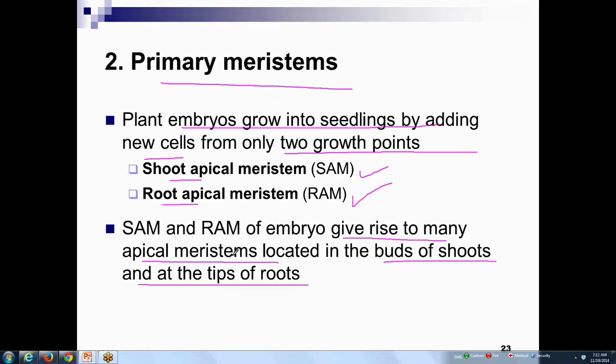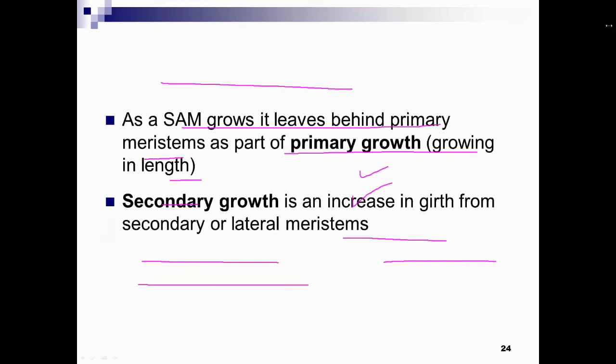And then down in all the branches of the roots, you'll find lots of root apical meristems. So this multiplies, and this allows a tree to get really big in both the root and the shoot system. Don't forget that the root system can be just as big as the shoot system. So when you look at a tree and you're seeing the trunk on up, there's almost just as much mass from the trunk down below to the tips of the roots deep within that soil.